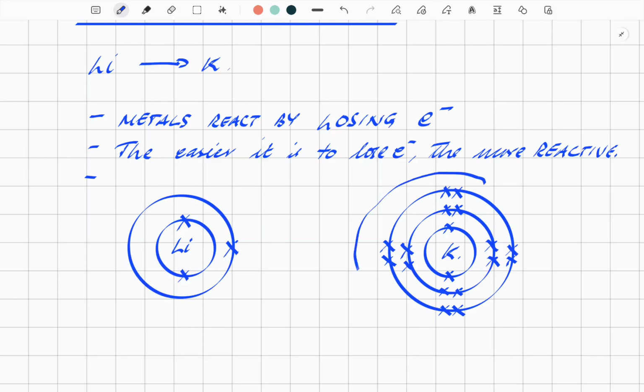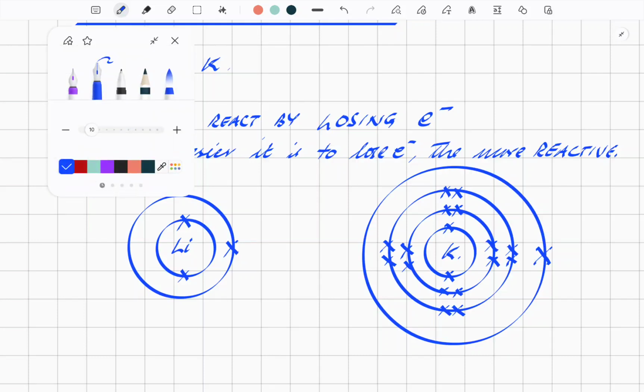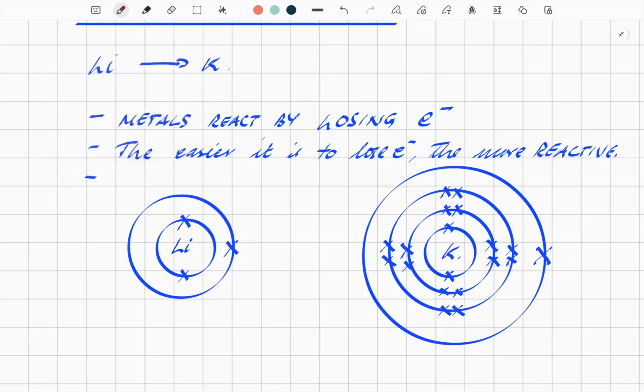So one more shell. Oops, I hope this is okay. Just about do it. And there. So in order to react, because these are group 1s, they want to lose that outer electron. So the outer electron needs to be lost, gotten rid of, in order for them to react.